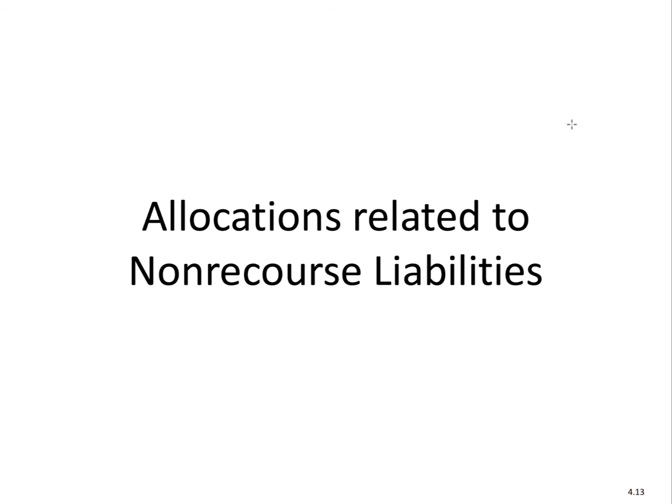That's just a short and simple way because it's a lot more complex than that. But that's really the premise. So there's a lot of flexibility in the partnership area.